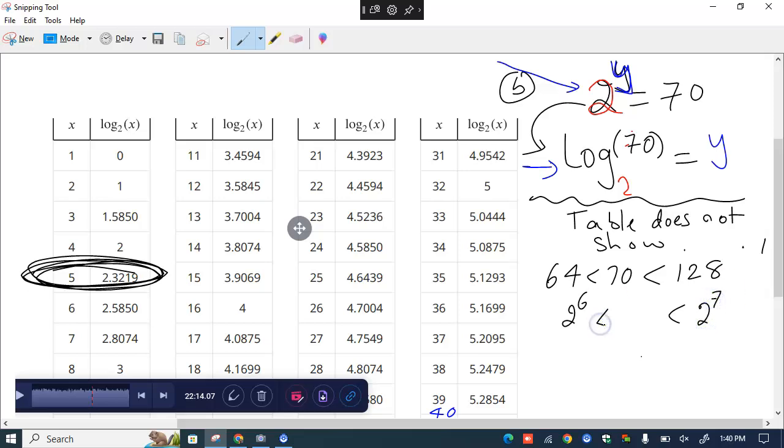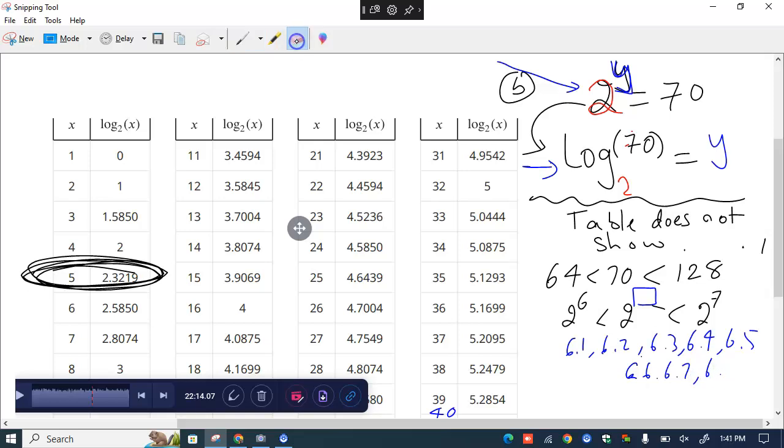So this 70 has to be between 2 raised to a box, what goes here? I don't know whether it is 6.1 or 6.2 or 6.3 or 6.4, but it has to be between 6 and 7.